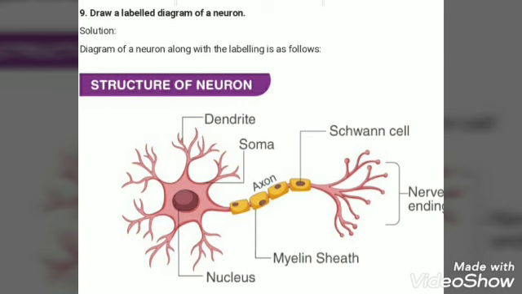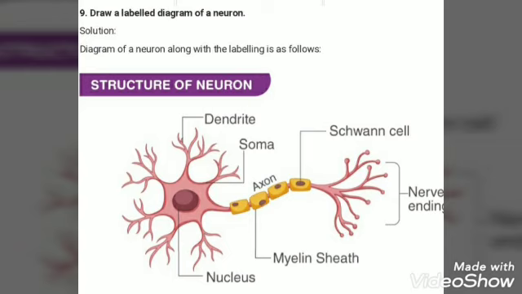The next question is to draw a labeled diagram of a neuron. Now we know that the neuron is the functional unit of the nervous system. It is composed of a cell body, which is also known as cyton or soma, having a large centrally placed nucleus surrounded by cytoplasm and all the cell organelles like mitochondria, endoplasmic reticulum, etc. Several short thread-like structures arise from the cyton.